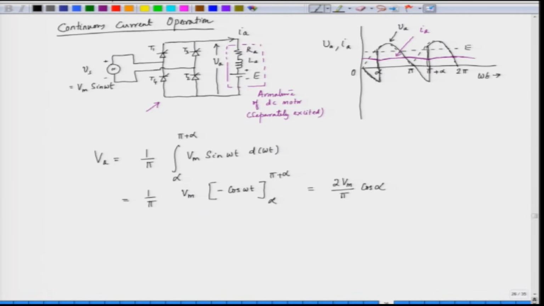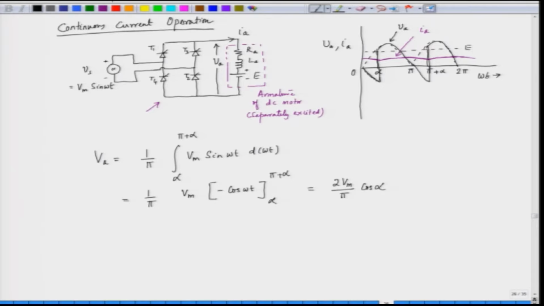Now, if we apply this armature voltage, which is 2 V m by pi cos alpha, what will be the torque speed characteristic? 2 V m by pi into cos alpha is equal to the resistance drop R A I A plus the back EMF E, and from this we can get the value of speed. Speed is equal to 2 V m by pi cos alpha divided by k phi, minus R A T by k phi square.